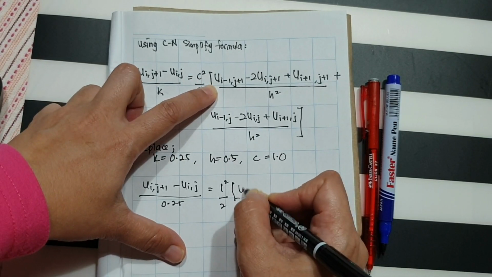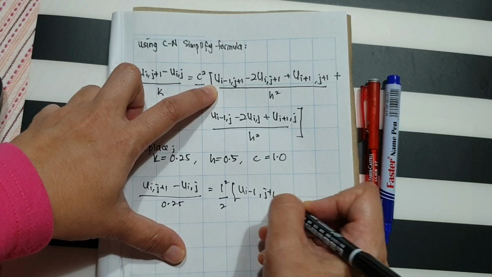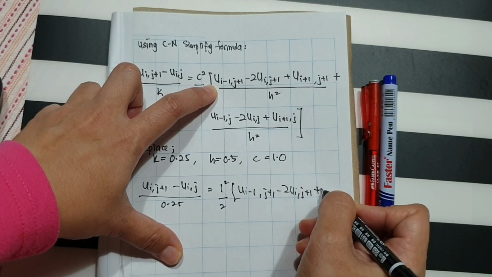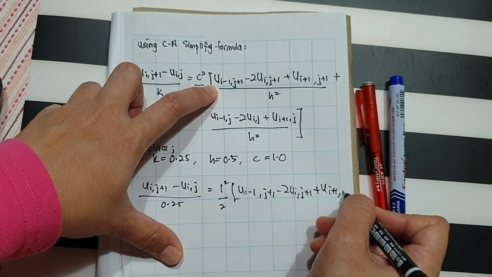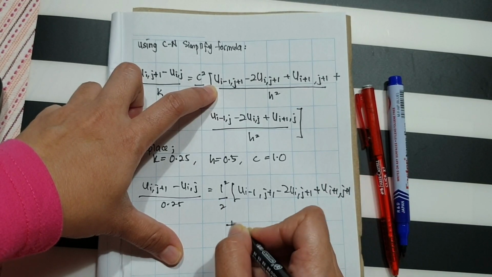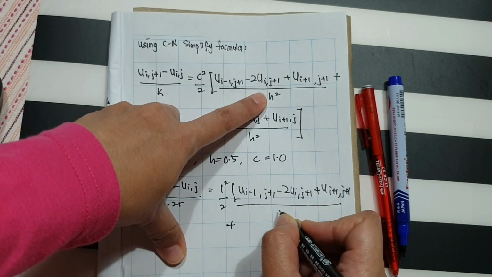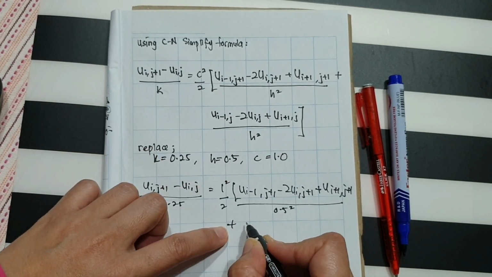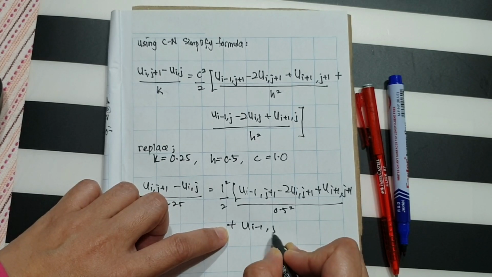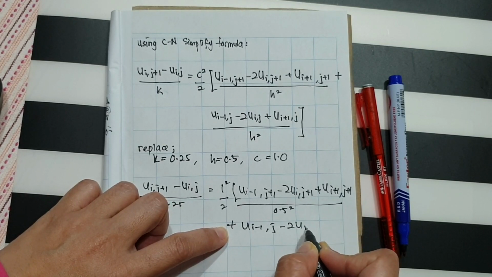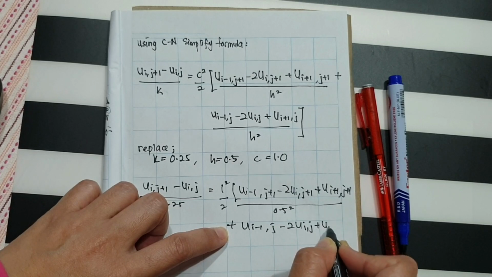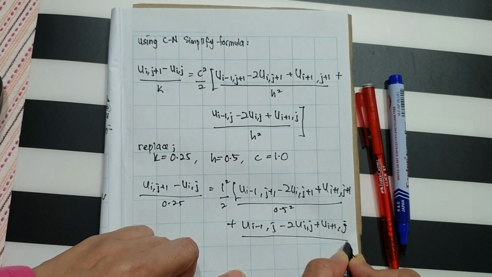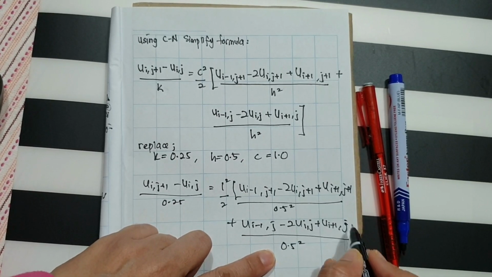Okay, u_i-1,j+1 minus 2u_i,j+1 plus u_i+1,j+1, divided by h squared, which is 0.5 squared. Okay, so plus u_i-1,j minus 2u_i,j plus u_i+1,j, divided by h squared, which is 0.5 squared.